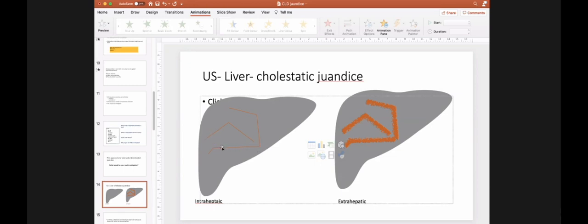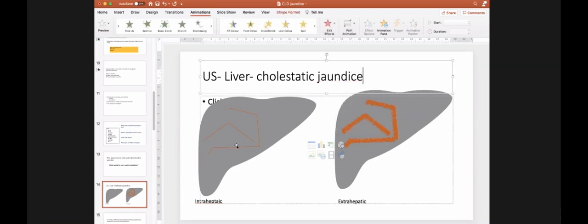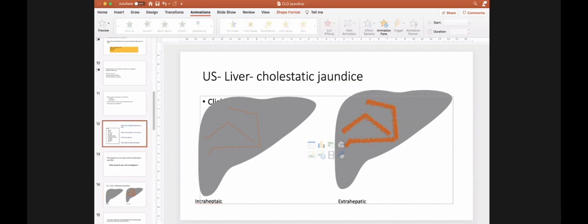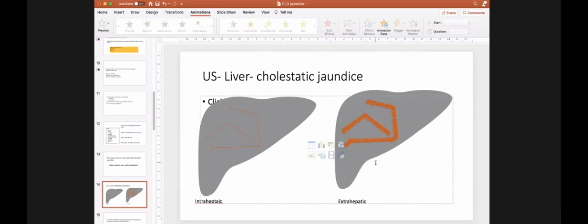The block is at a cellular level. Do you understand? So that is called intrahepatic cholestasis because the problem is originating within the liver cells. So the biochemistry is the same. You can't differentiate the two from the biochemistry. You differentiate the two from the scan. Do you all understand? Yes.